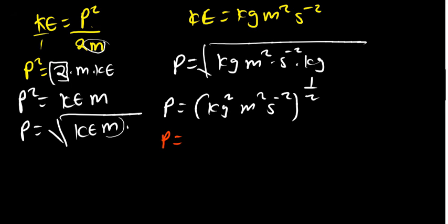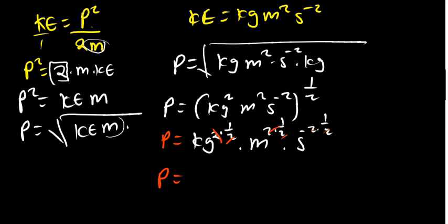So I'm going to have kg to the power 2 times half, then meters to the power 2 times half, times s to the power negative 2 times half. At this point the halves cancel, and here we're going to remain with negative 1. So momentum is equal to kg times meter times s to the power negative 1.